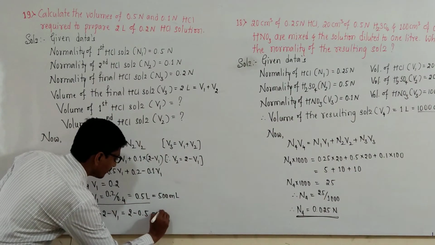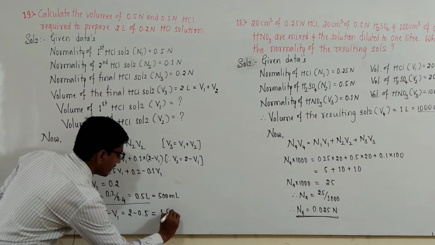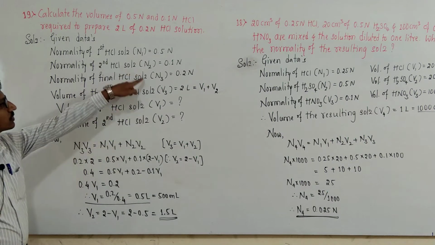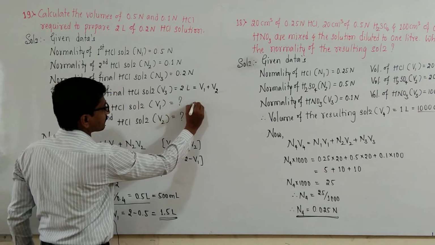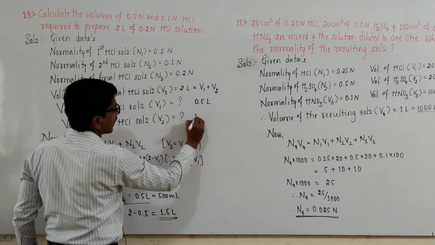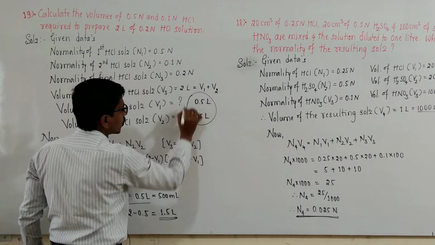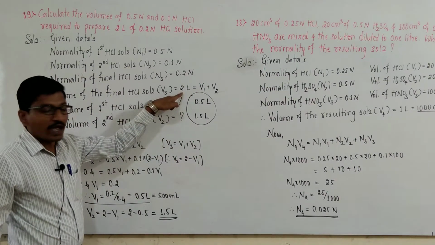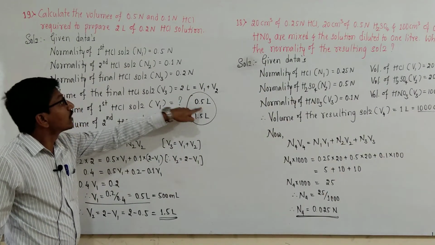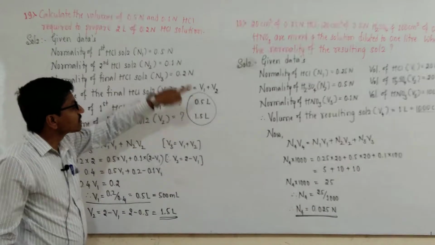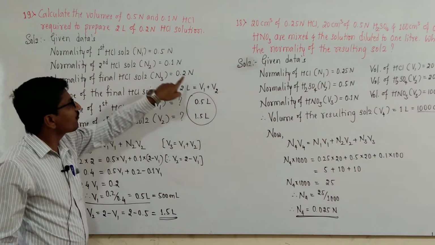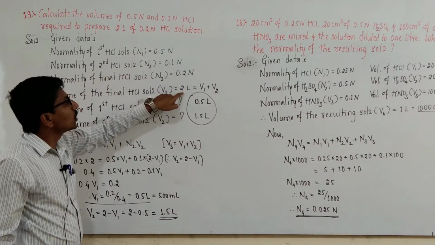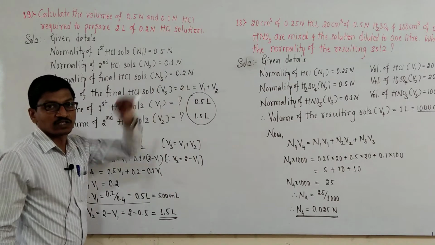This is equal to 1.5 liter. This is the volume of second solution. This one is 0.5 liter and this one is 1.5 liter. Total volume 1.5 plus 0.5 becomes 2 liter. And 0.5 liter of 0.5 N HCl is mixed with 1.5 liter of 0.1 normal HCl, and we will get 2 liter of 0.2 normal HCl solution.